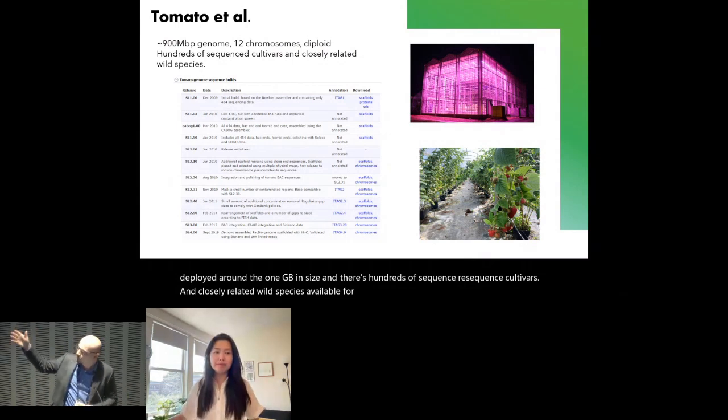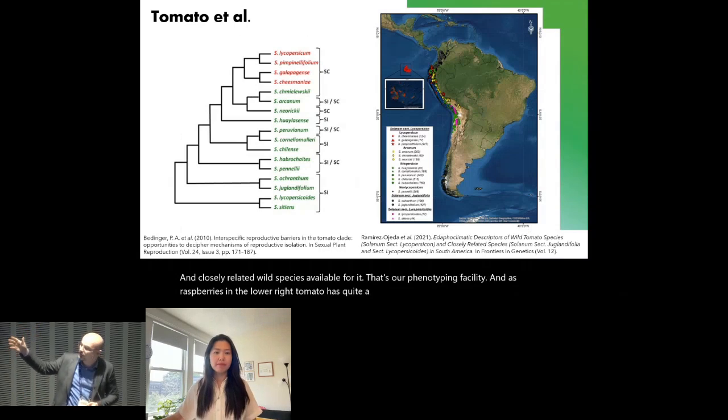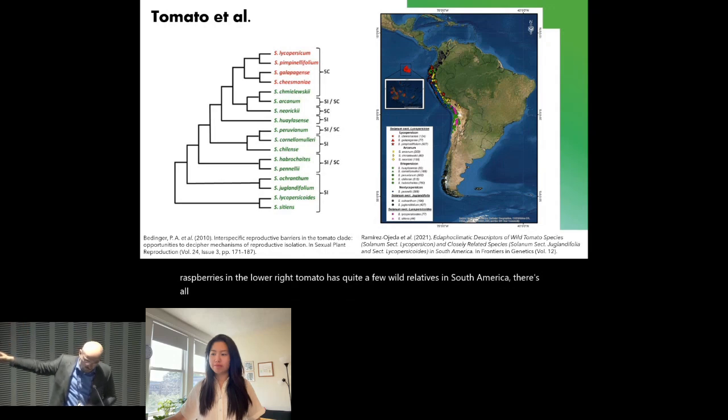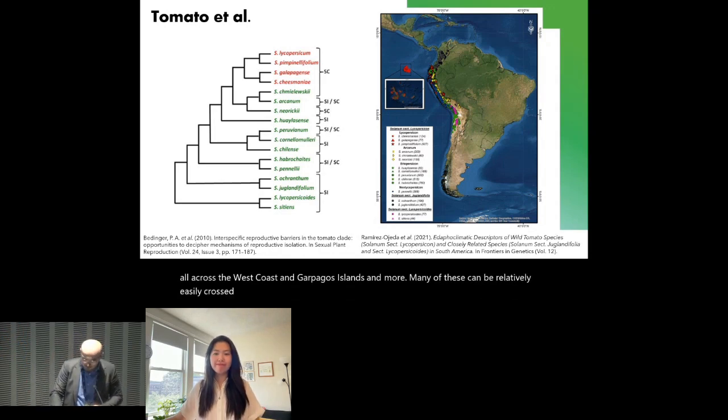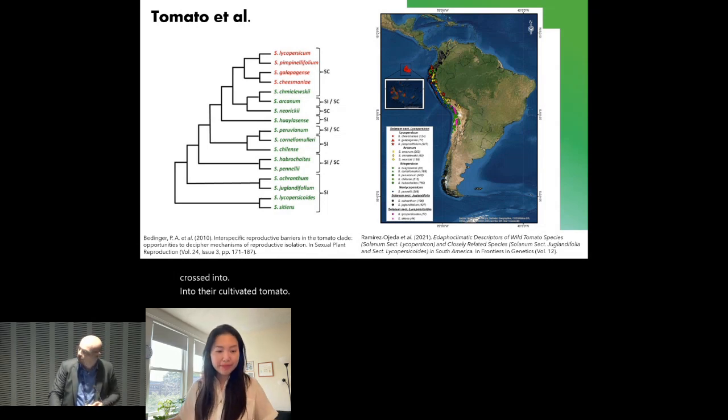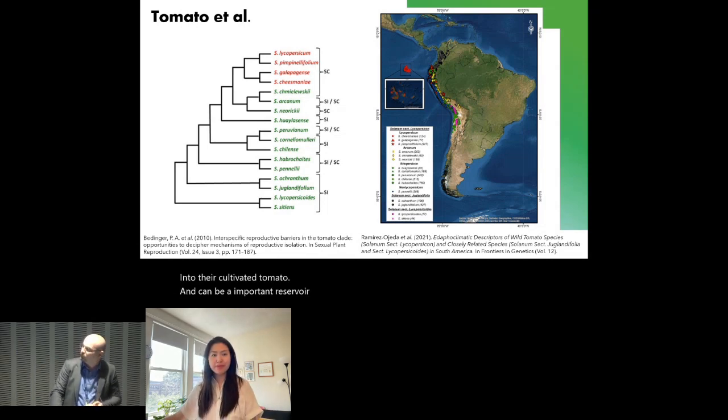And tomato has quite a few wild relatives in South America. There's all across the west coast and Galapagos Islands, and many of these can be relatively easily crossed into the cultivated tomato and can be an important reservoir for useful traits.